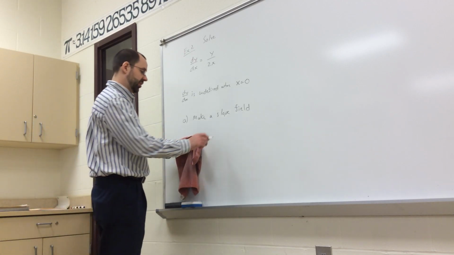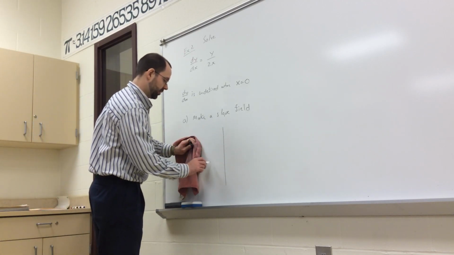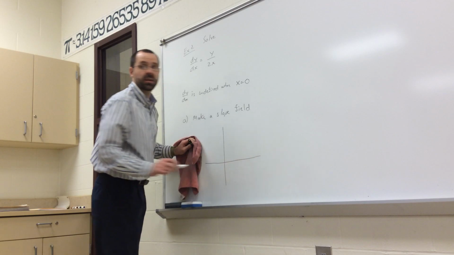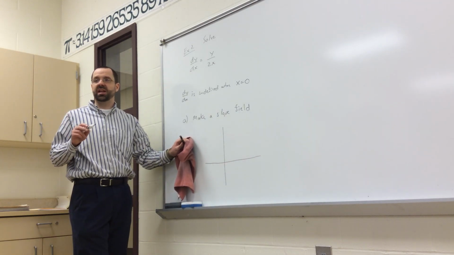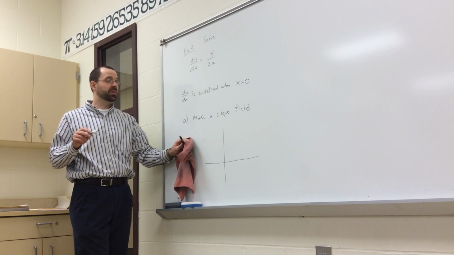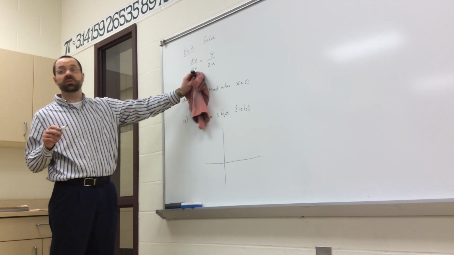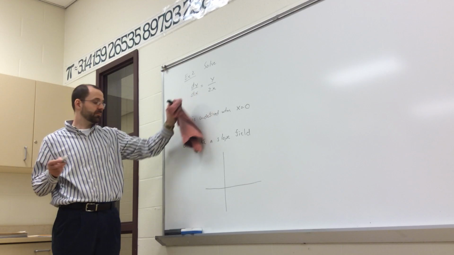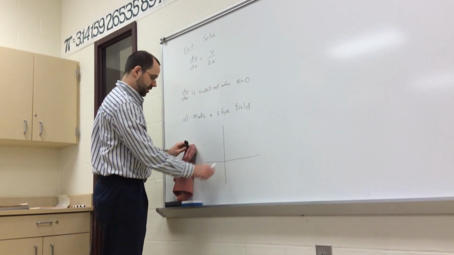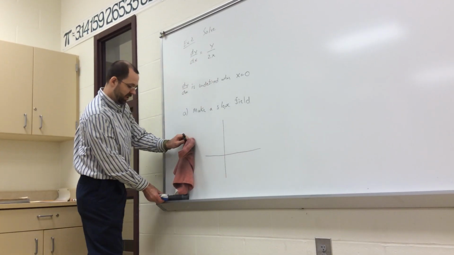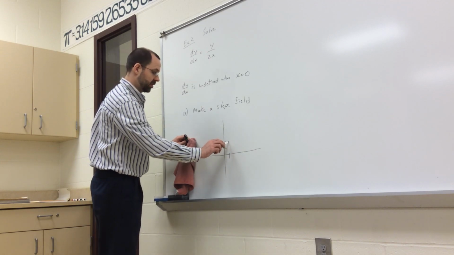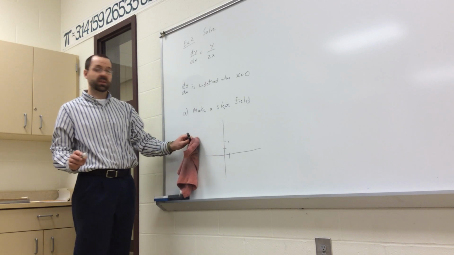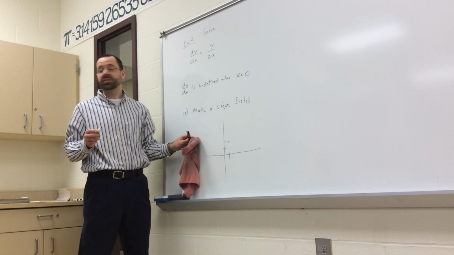Okay, so for the slope field, we're just going to pick a bunch of points, and that means put a bunch of tick marks down that represent how steep the graph is there. And we know how steep the graph is because we can use this formula for the slope. All right, so let's start at (1, 2). So you put a 1 in for x and a 2 in for y.